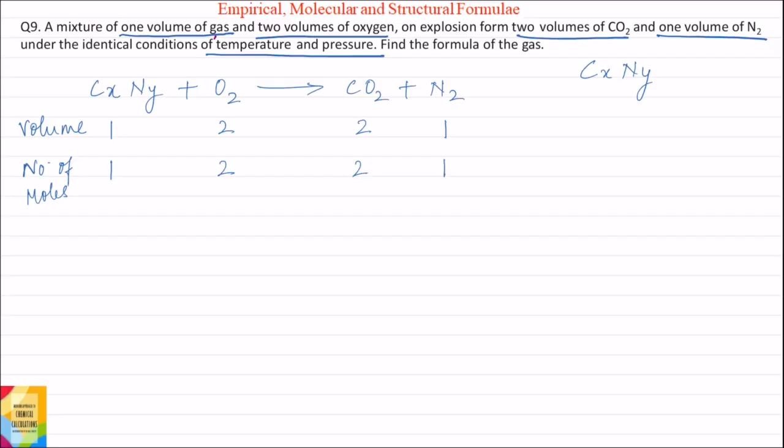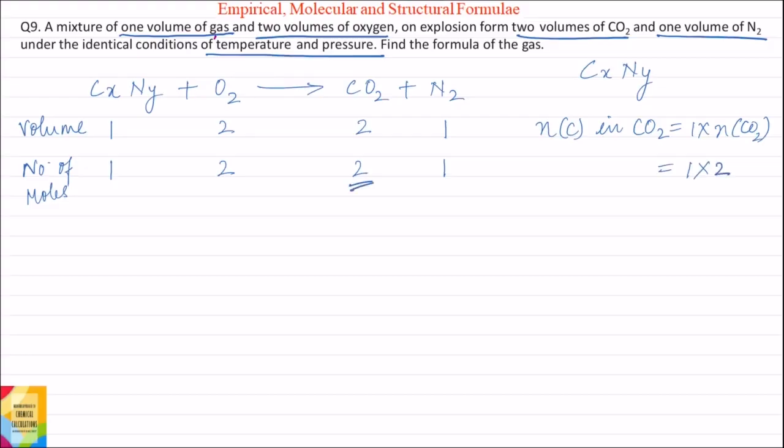नाउ number of moles of carbon in carbon dioxide is equal to 1 into moles of carbon dioxide, because 1 mole of carbon dioxide में 1 mole of carbon present है. So this is equal to 1 into, अब moles of carbon dioxide कितना है? It is equal to 2 moles.